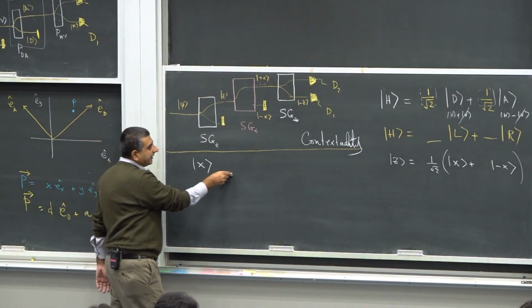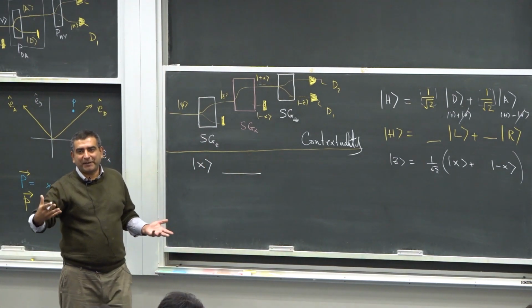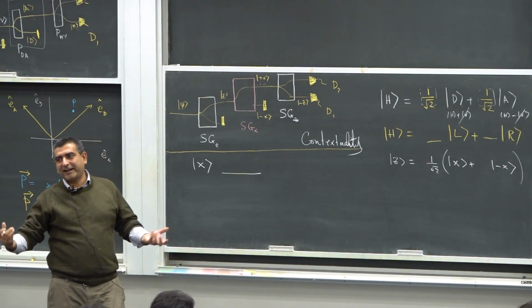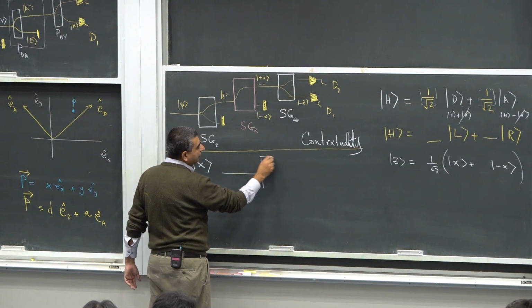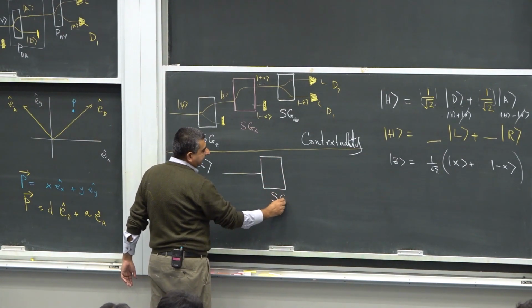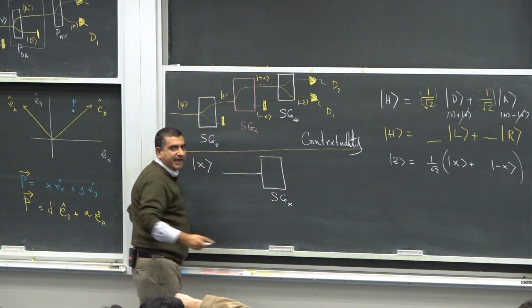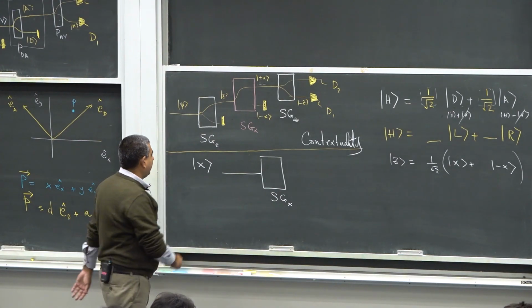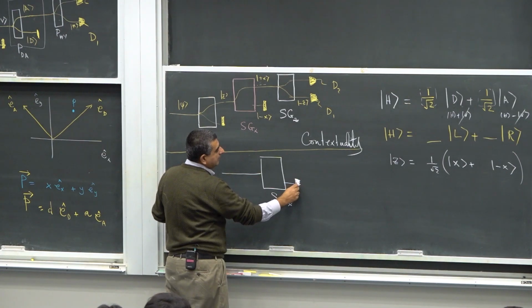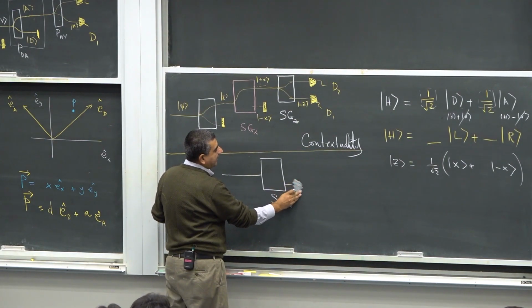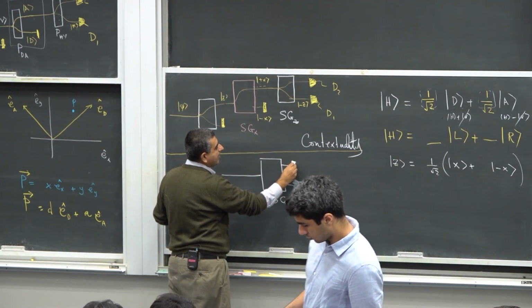So I take any input quantum state, any spin, it has to be a spin, right? I take an electron, which of course has spin, and I pass it through a Stern-Gerlach apparatus oriented along x, minus x like this, and I block the minus x channel.